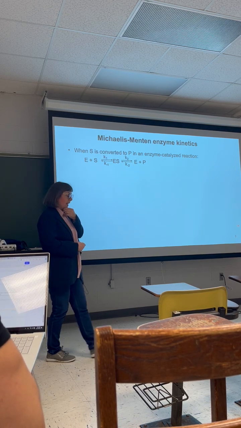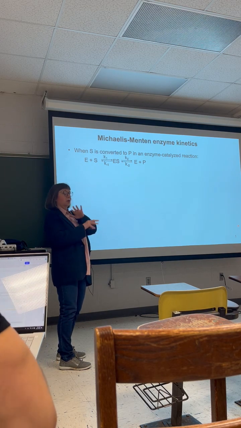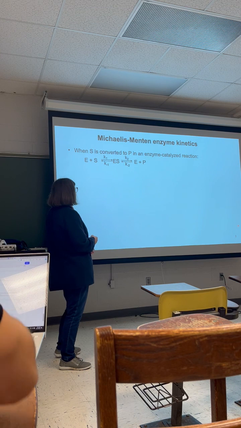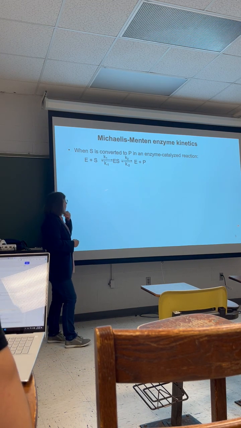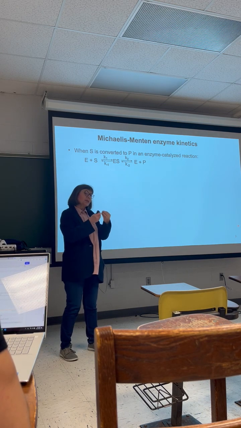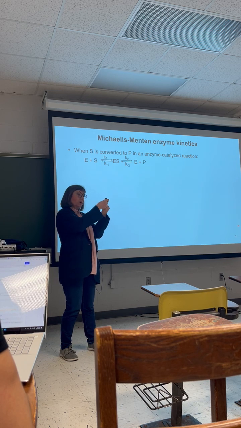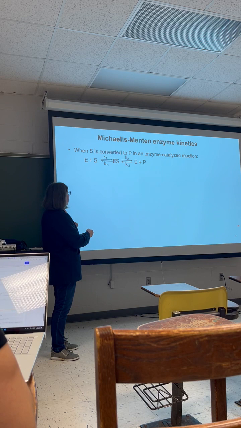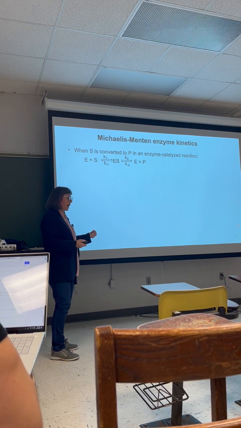So if I have a substrate that is converted to product, the simplest case, one substrate, one product, with the help of E, enzyme, what will happen first is that substrate will form a complex with enzyme. Remember last time we were talking about that enzyme substrate complex. So I will form that complex, and this is technically a reversible reaction.